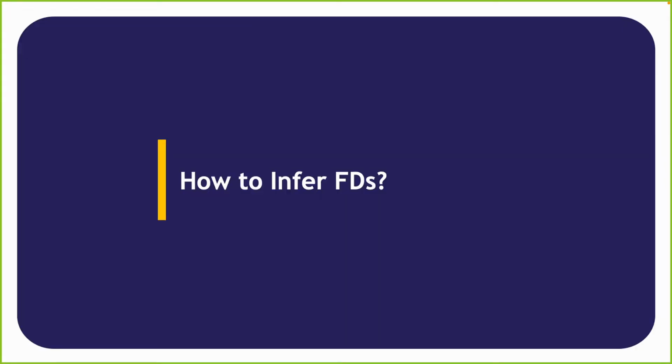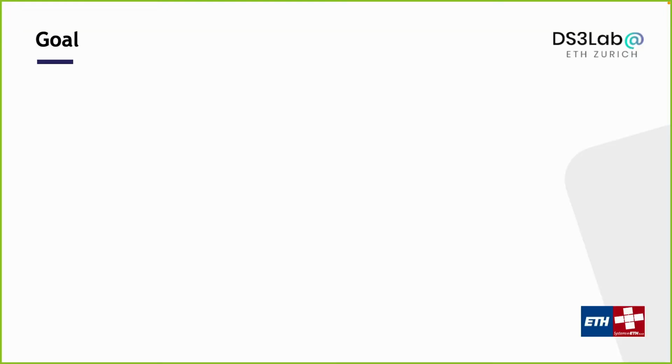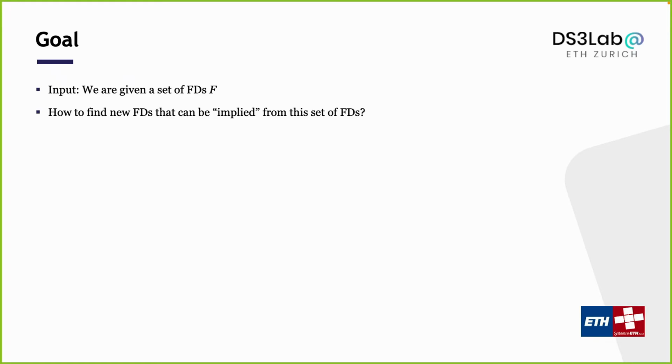To do that, we need to think about how to do inference for functional dependencies. How we come up with all the functional dependencies that will hold here, given an input collection of functional dependencies. So it's going to be a lot of fun. So what are we trying to do? The input is a set of functional dependencies, F. A set of functional dependencies that we know is going to hold.